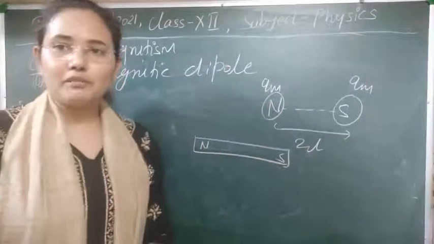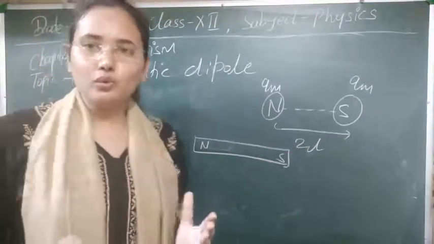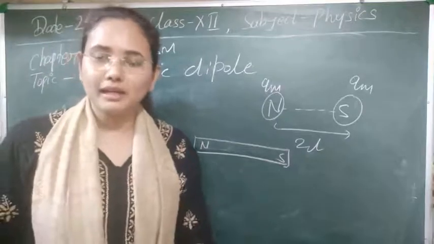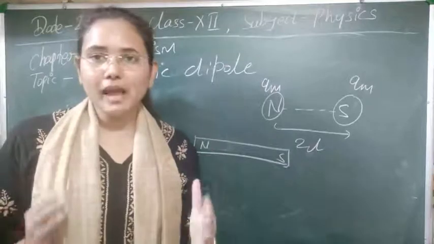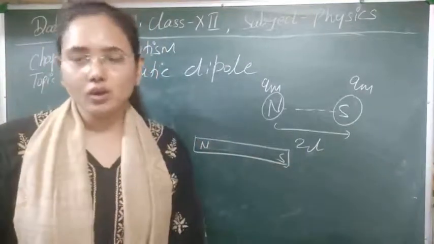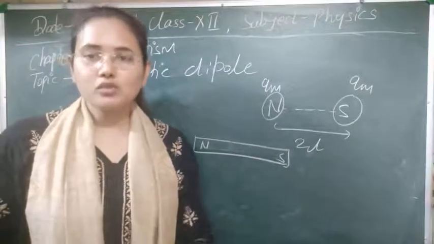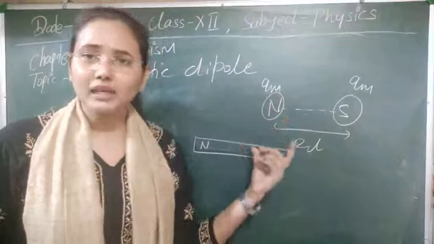Second example: a current carrying loop. You know it also produces a magnetic field and acts as a magnet. Its two ends are like two different ends of a magnet, and their strength is always the same. So it is also an example of a magnetic dipole.